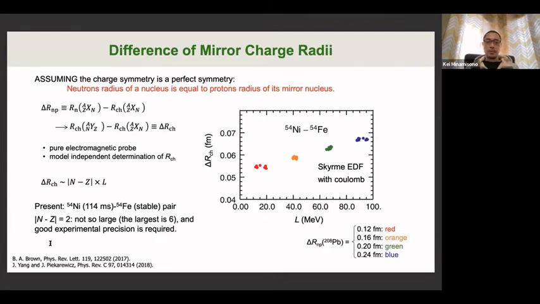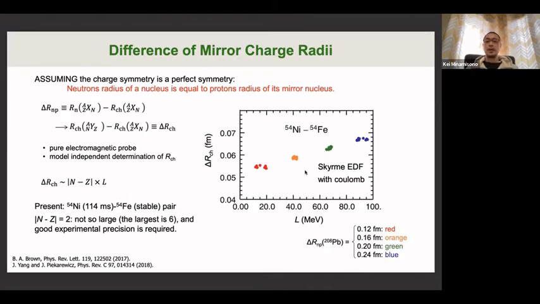So Alex Brown first came up with this idea and did some calculations for the pair of nickel 54 and iron 54, and the difference is calculated as a function of the L slope parameter. All these marks are the calculations based on the size of the lead 208 neutron skin thickness, and this calculation already includes the Coulomb interaction.